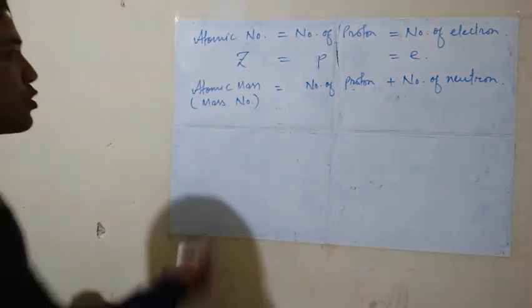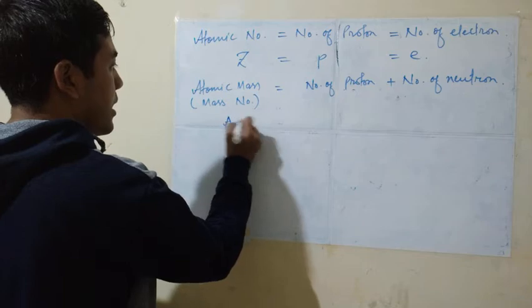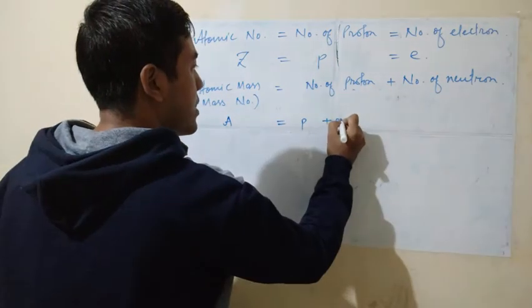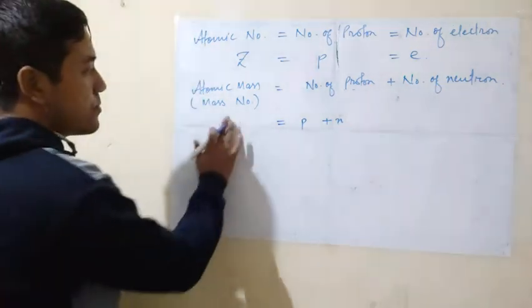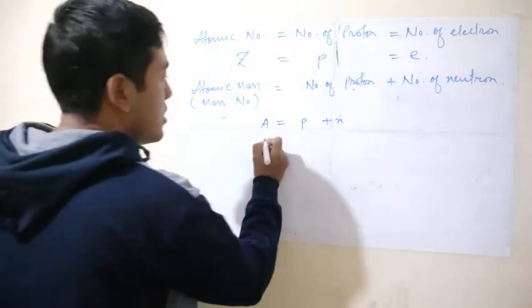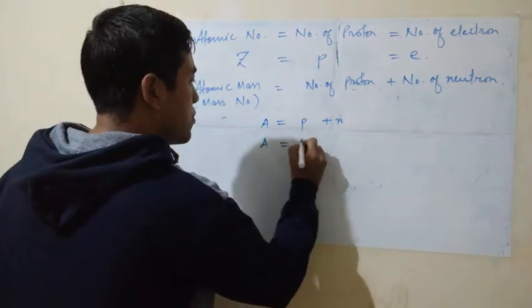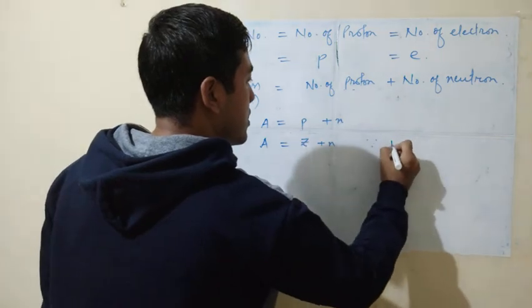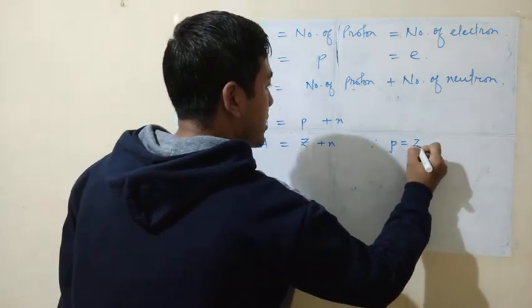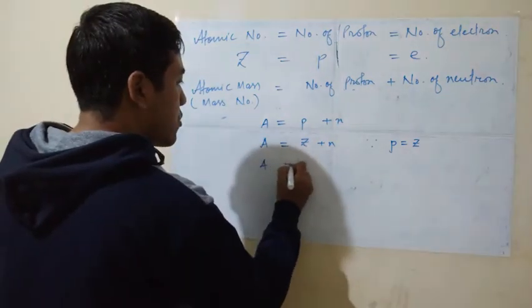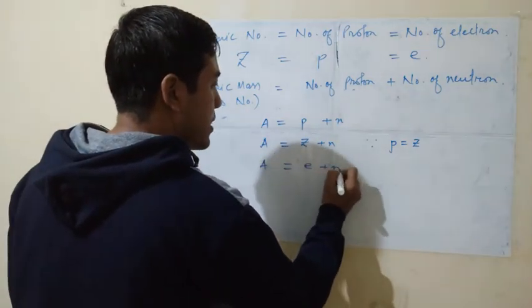Right. Now atomic mass or mass number is indicated by A, so A is equal to P plus N, where N is number of neutrons. And then this A is also equal to Z plus N, since P is equal to Z. And here A is also equal to E plus N.